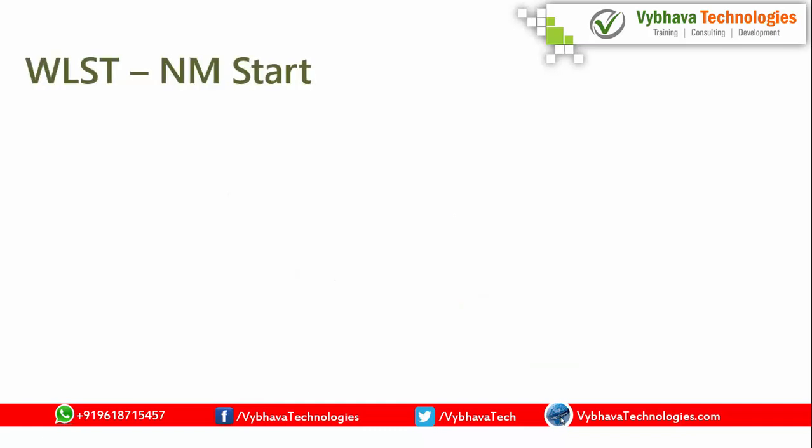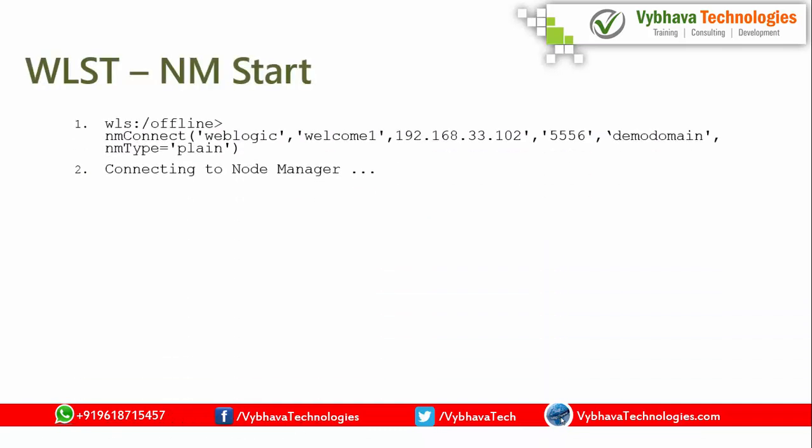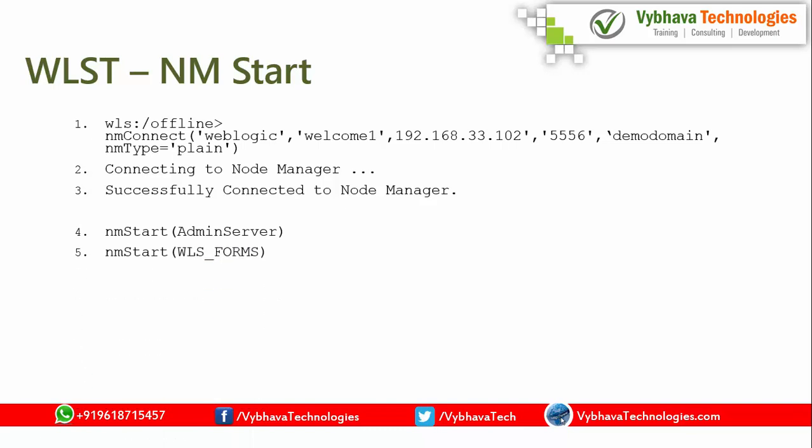In the WLST sequence, initially you connect to the admin server, then you start your managed servers. Once the admin server is started, you can go ahead and start the other servers, like if you are working on EBS servers, forms, reports, etc. Then you can finish.